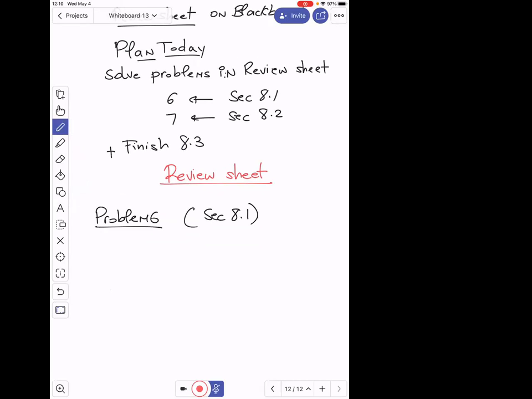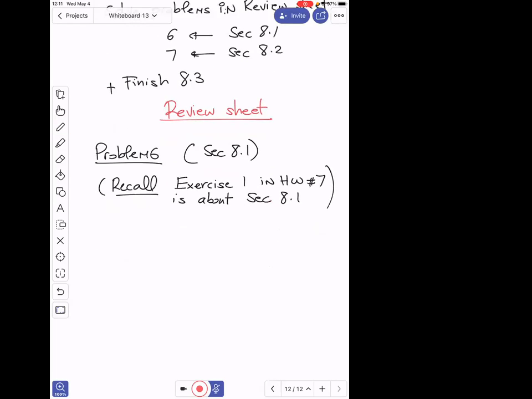And in the homework, guys, homework number 7, the first exercise, just to remind you that exercise 1 in homework 7 is about this section 8.1, right? So this problem number 6 is very similar to the problem you have on exercise 1 in homework 7. All right, so what does it say in this problem number 6?